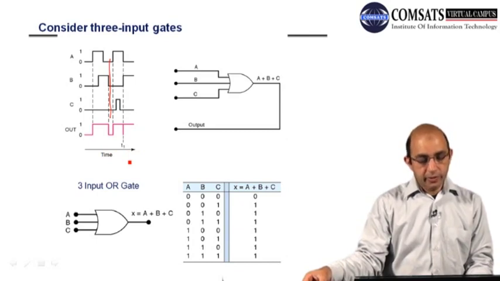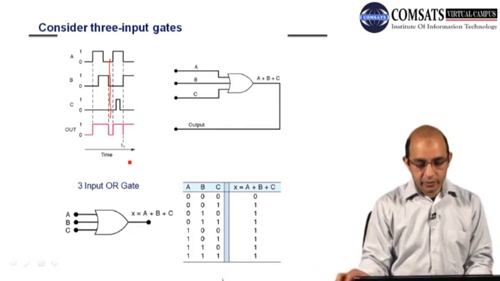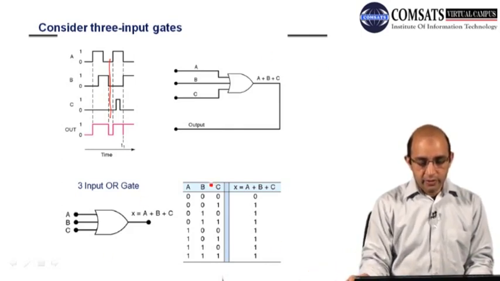So you can have more number of inputs. Here we have 3 inputs. So this is the truth table, representing the functionality of this OR gate. So we have 0, 0, right? If you count the number of possible input combinations, you can see 1, 2, 3, 4, 5, 6, 7, 8.